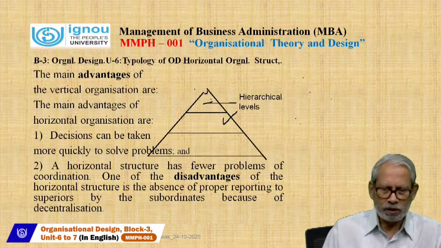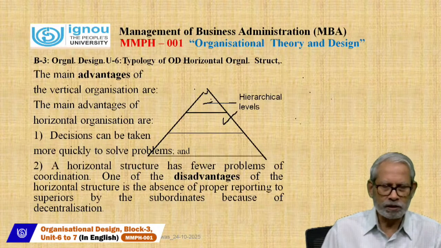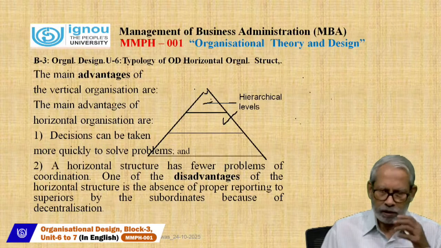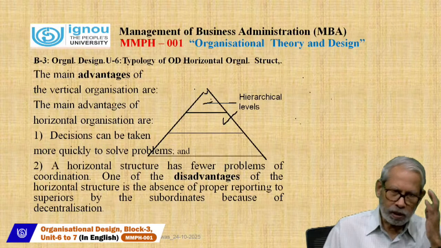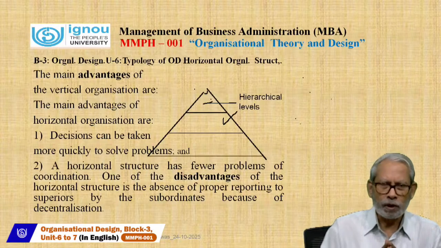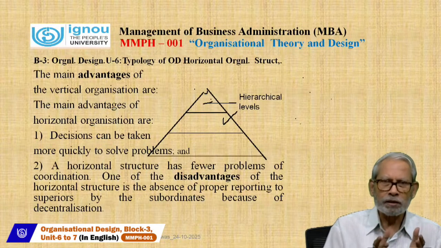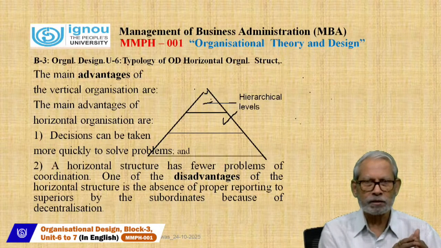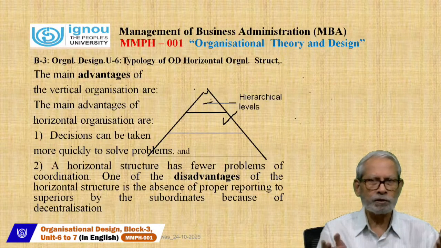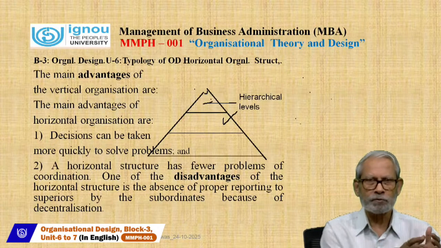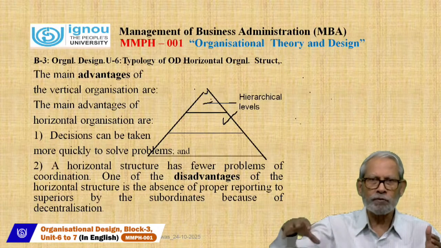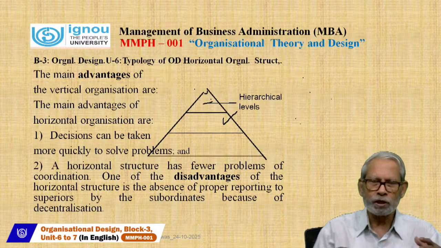One of the disadvantages of the horizontal structure is the absence of proper reporting to the superiors by the subordinates, because of the decentralization. Just imagine, in a horizontal structure, suppose there are customs officers, or in the passport office there is one passport officer, another passport officer, and everywhere all the windows are there, with no reporting.